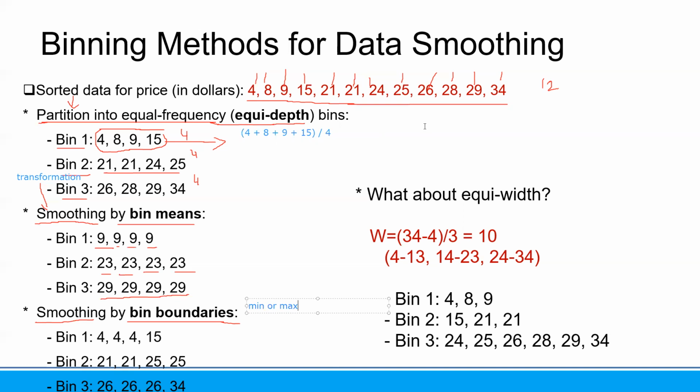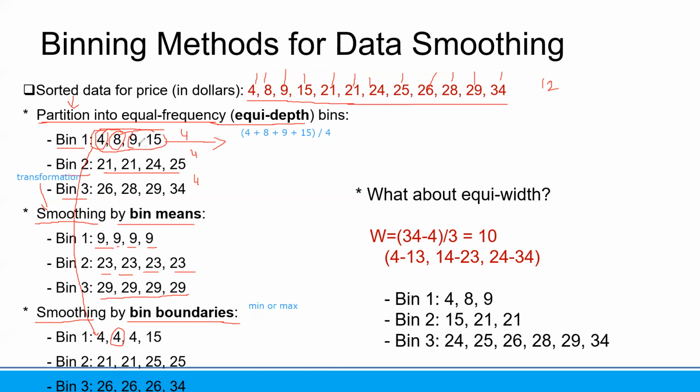So let's see. 4, of course, we know that 4 is closer to the minimum, so we put 4. What about 8? Is 8 closer to the minimum or maximum? We know that it is closer to the minimum.